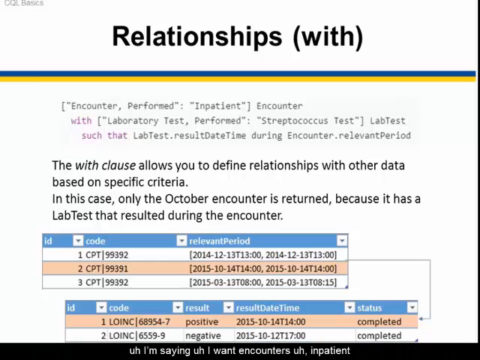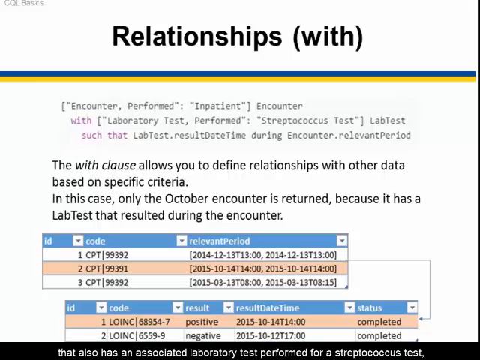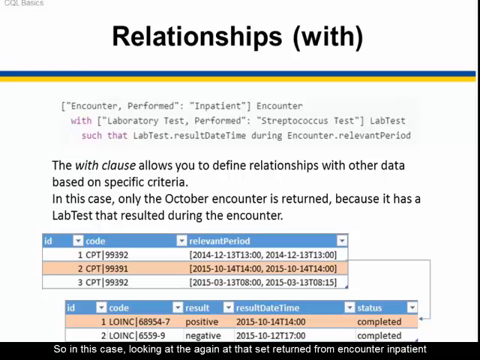So in this case, I'm saying I want encounters inpatient that also have an associated laboratory test performed for a streptococcus test, such that that result date occurred during the relevant period for the encounter. So in this case, looking again at that set returned from encounter inpatient, only the October encounter is returned, because it's the only one that has a lab test resulted during that encounter.